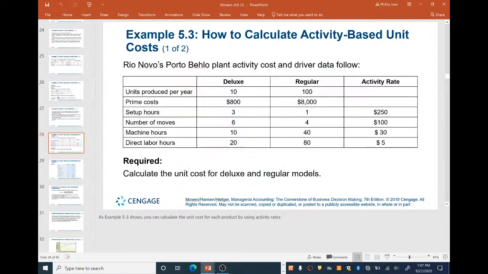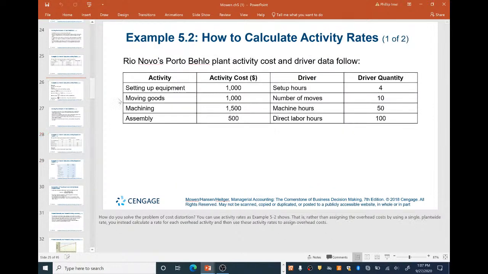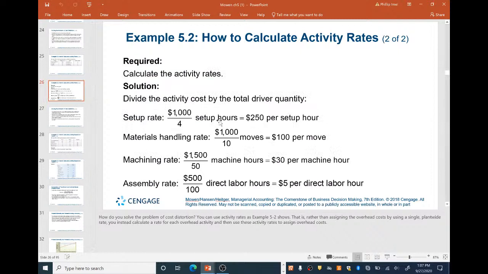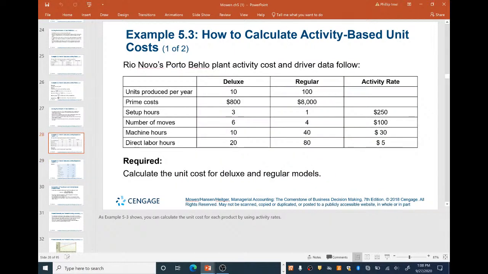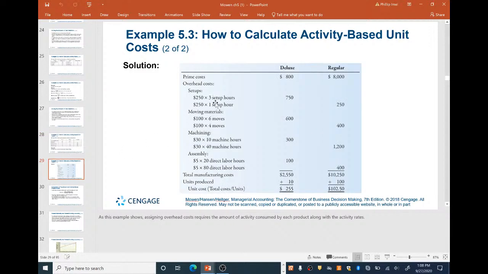Once again, that's your activity rate that we calculated up here. Now we just want to multiply it by the amount of hours it takes for each product. We can see here the setup hours are 3 for deluxe and 1 for regular. So we just want to multiply for each one. Obviously 250 times 1 is 250.